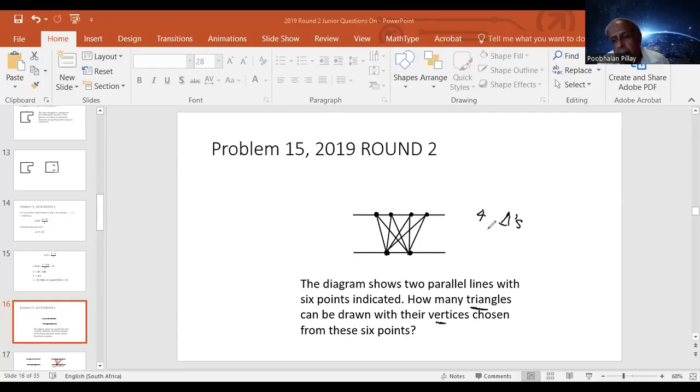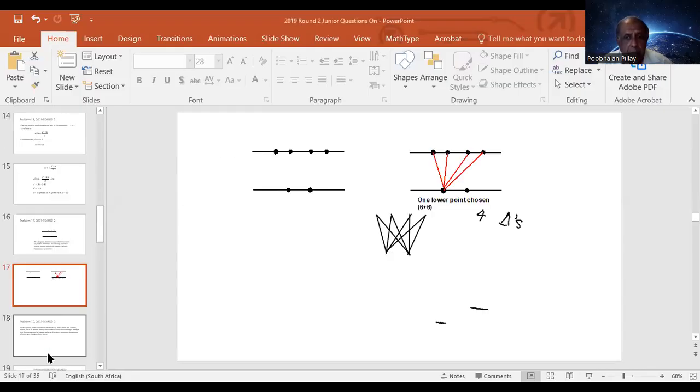But it's quite possible that I choose only 1 vertex from the bottom, in which case I have to choose 2 vertices from the top. So just remember this is 4 vertices here. And I'm going to now look at that situation where I choose 1 vertex from here and 2 vertices from the top.